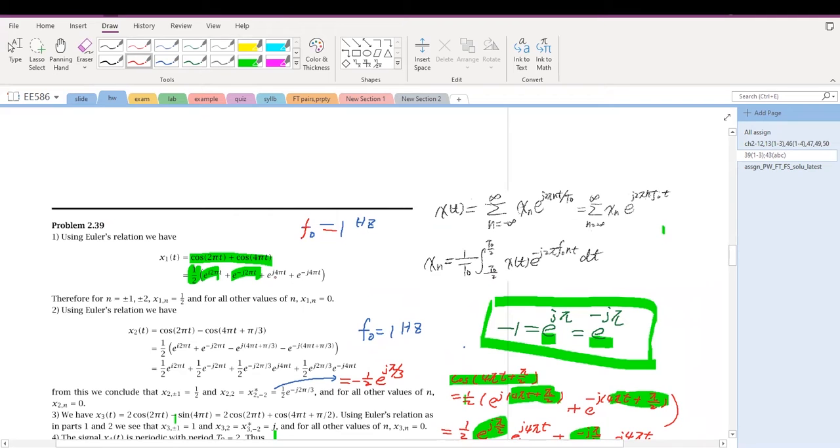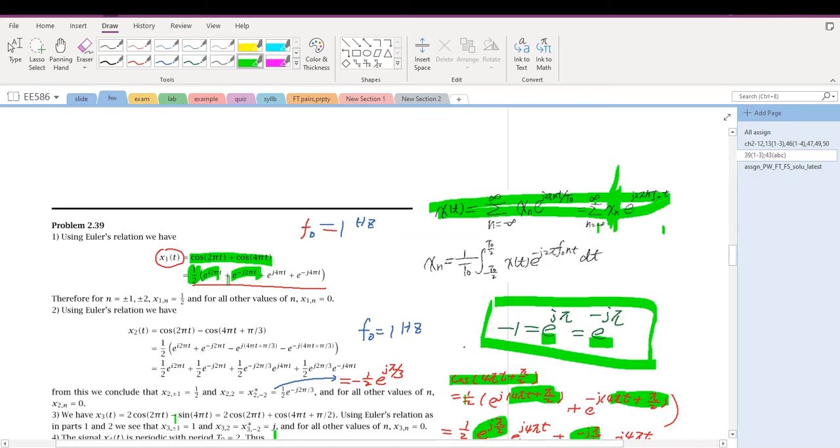After we decompose the signal using Euler's formula, we compare this sum with the general expression for a periodic signal, which equals the summation from minus infinity to infinity of X of n, the Fourier series coefficient, at the harmonics n f naught.